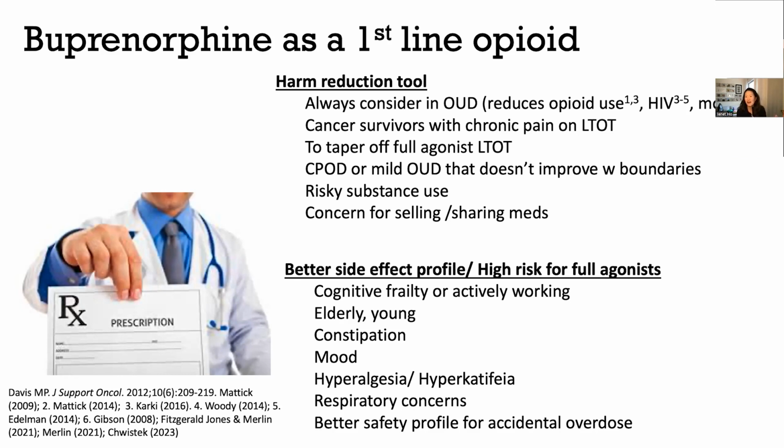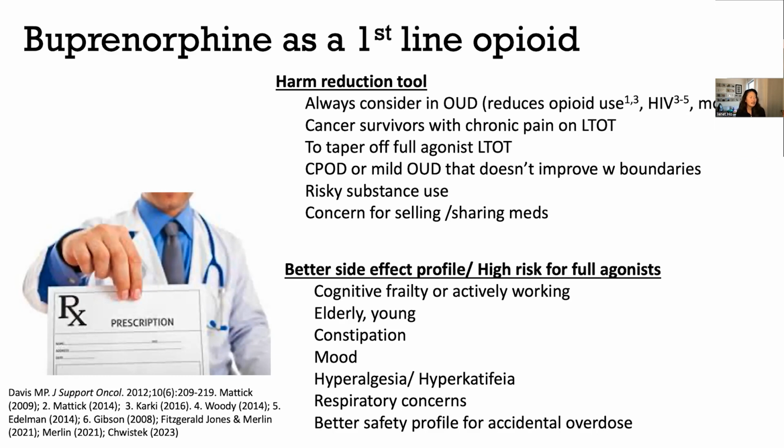Because it's sitting on the receptors, it binds really strongly, it'll prevent some of the other opioid from exerting its effect and can reduce your risk of accidental overdose. So I would always consider it in somebody with active opioid use disorder, anyone who's using other substances like alcohol or benzos, non-prescribed, prescribed, just because it has that less synergistic respiratory effect.